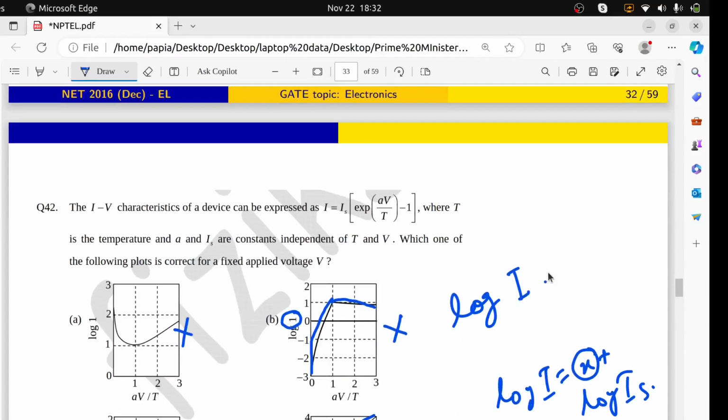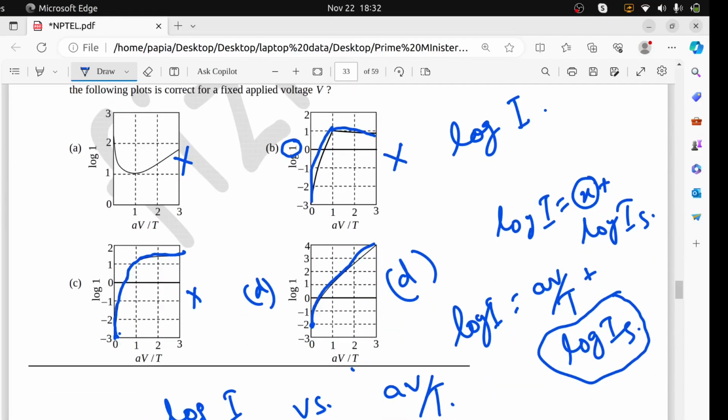Log Is is negative, is it? Sorry? How is log Is negative? Let's say AV by T plus log of Is. I don't know the value of log of Is, right? So it may be possible that log of Is can be negative, let's say minus 2.